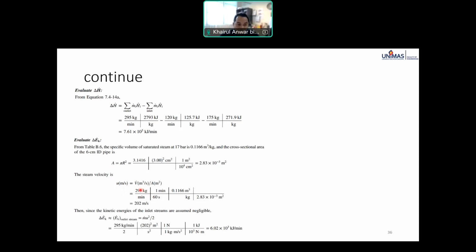Here, 295 is the outlet. Steam density, check.